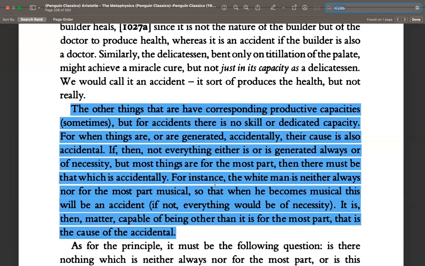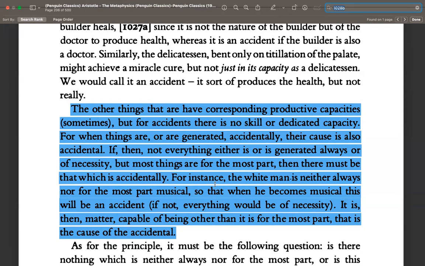Aristotle claims that such accidents as whiteness and being musically talented must be the result of matter and hence require a material cause, since matter, unlike form, exists contingently as the stuff of logically possible but not logically necessary primary substances.